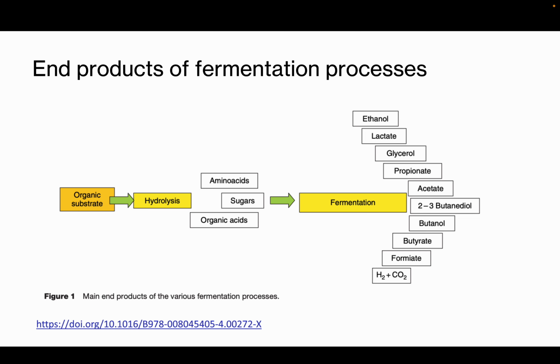Alongside it, fermentation is a route that can potentially be used and will produce a number of different end products such as ethanol, alcohols, acids, lactic acid, glycerol, propionic acid, acetic acid, butyric acid, as well as hydrogen gas and carbon dioxide. So you see there's a diversity of output products from fermentative processes.